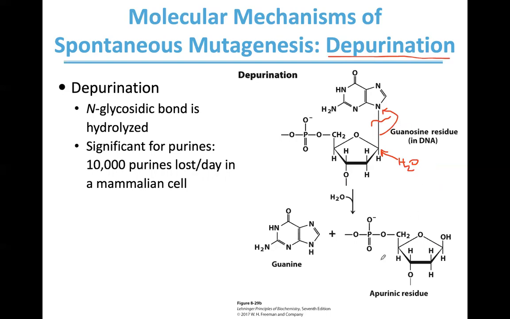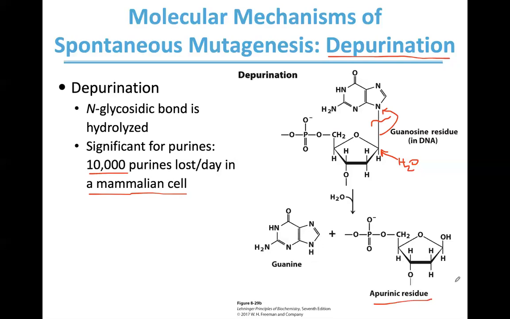And so then we generate this apurinic residue. And there are many more of those occurring in a cell. So about 10,000 purines lost per day in a mammalian cell. So the question for you: how is this damage repaired? Let's say you have a DNA piece in which a guanine was lost.